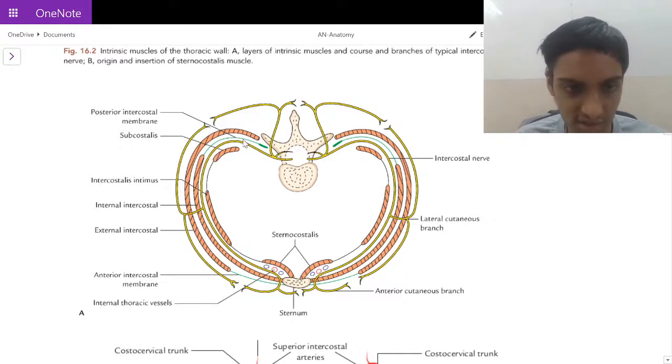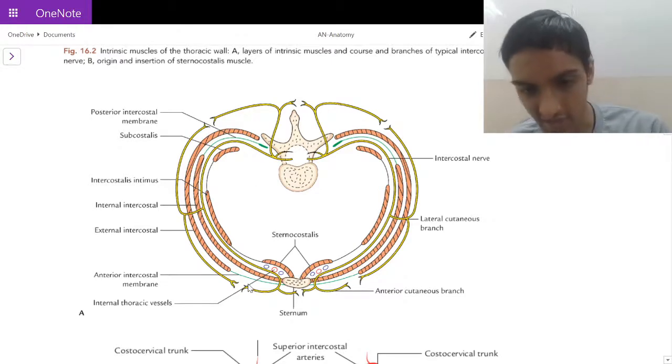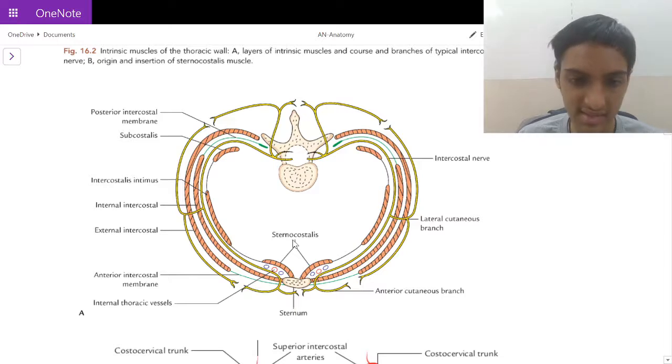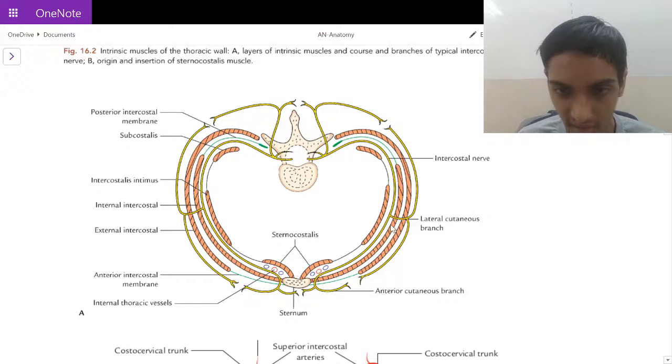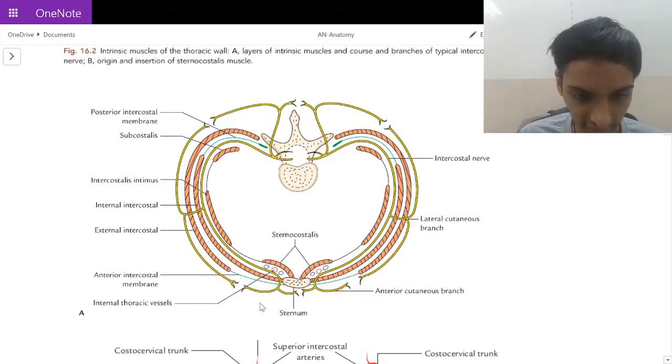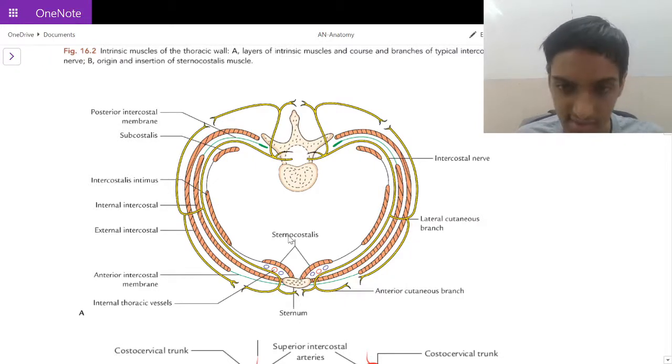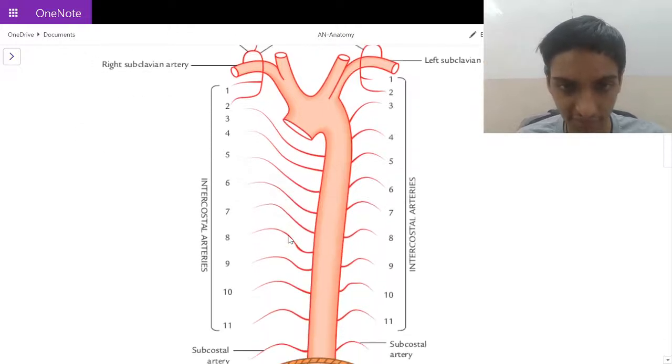This is the posterior intercostal membrane and the anterior intercostal membrane. This is the sternocostalis on the sternum with the internal thoracic vessels. And here, as I already told, anterior and posterior intercostal nerve. These are the cutaneous branches, anterior and lateral. This is a typical intercostal nerve.